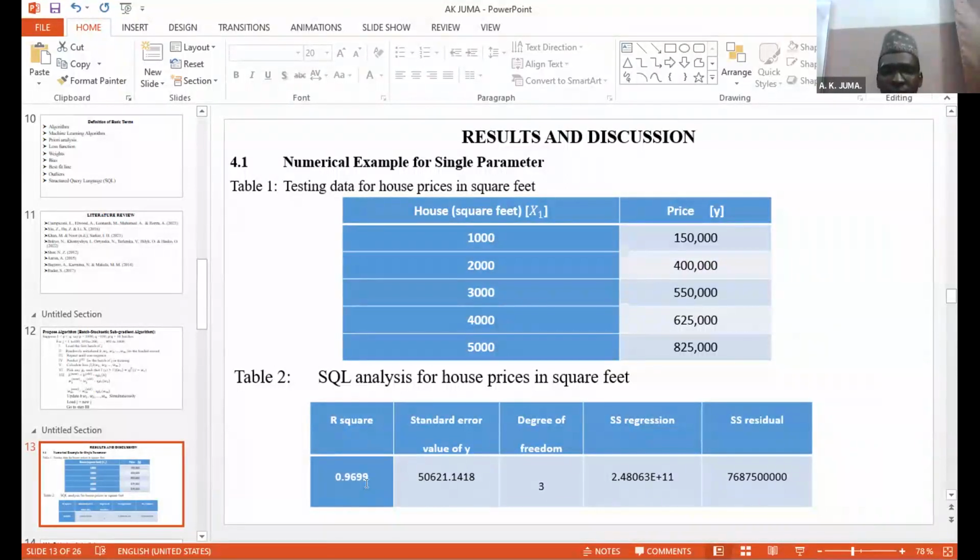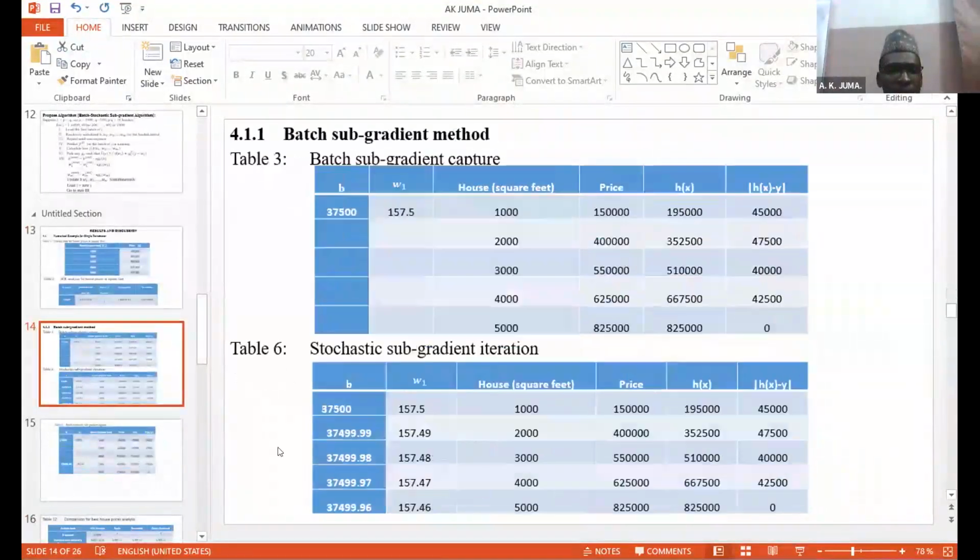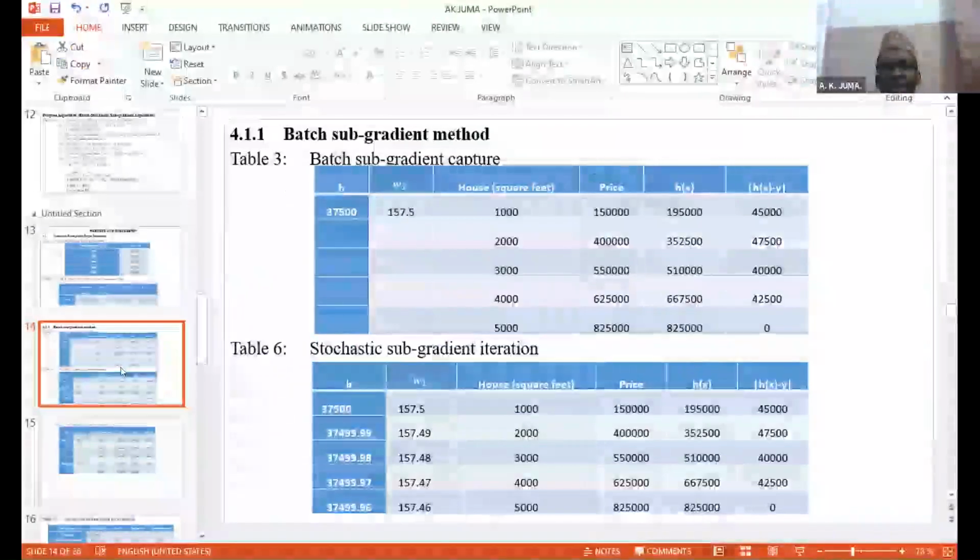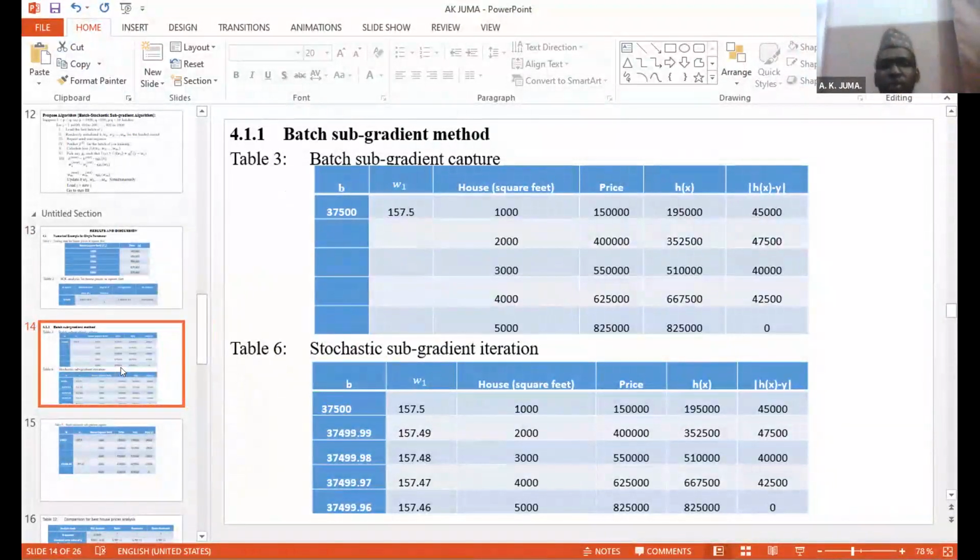So we say, let's set our learning environment. We say batch subgradient method. Batch considers the entire data set at once. So it loads the data set, initializes, and continues iteration until B is 3,000 and W1 is 157.5.